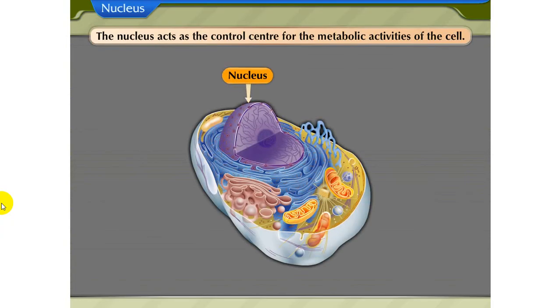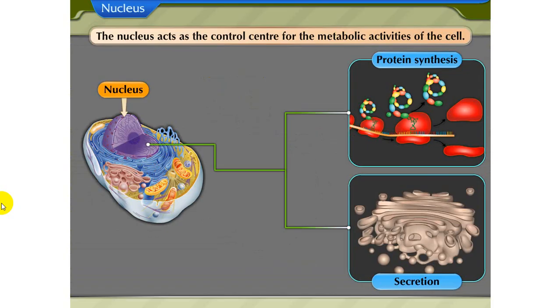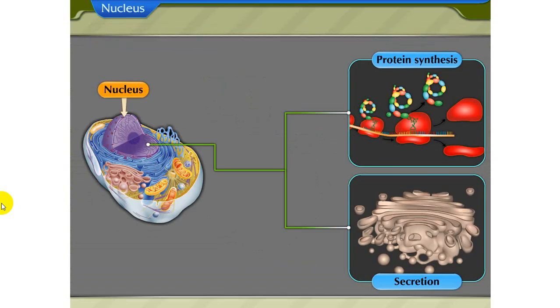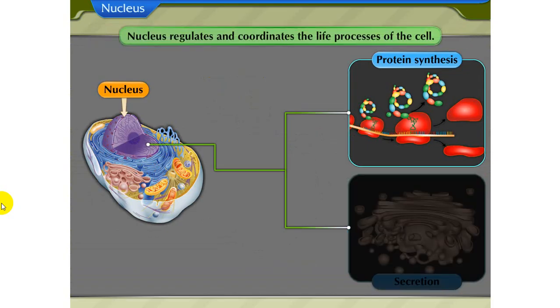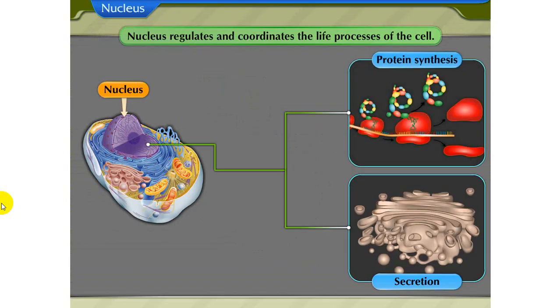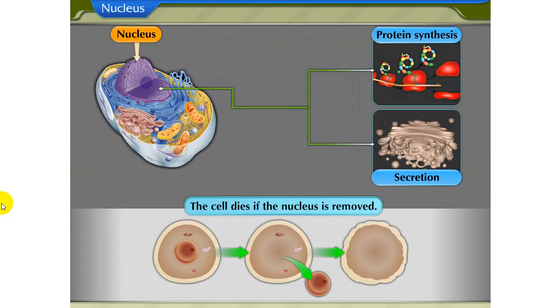The nucleus acts as the control center for all the metabolic activities of the cell. It both regulates and coordinates all the life processes of the cell. If at any time the nucleus is removed from the cell, it ultimately dies.